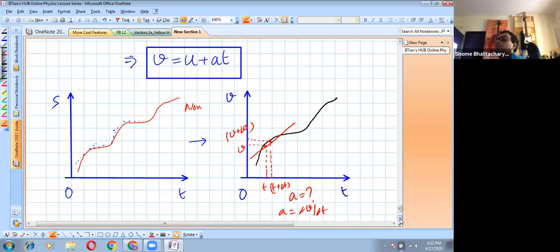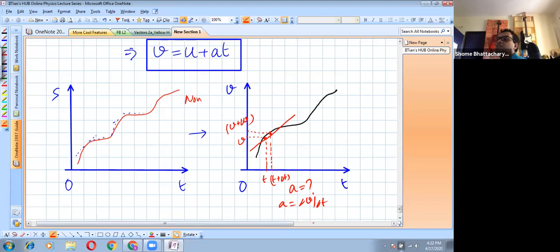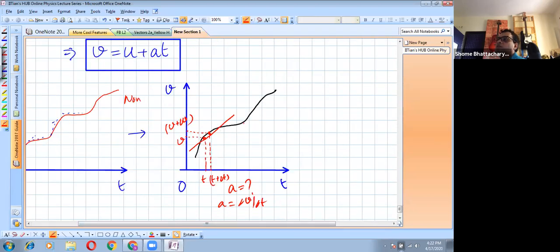Since this is changing according to a curve, if you calculate the instantaneous acceleration for this small interval of time and then recalculate it for this interval of time, you can see it's different. This line here has a different slope compared to this line over here.